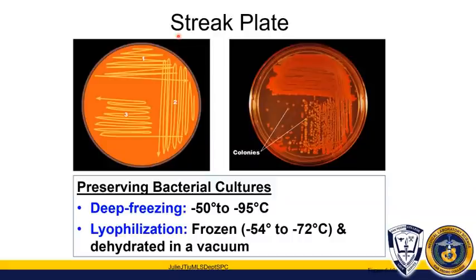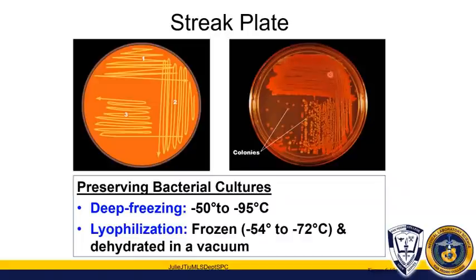So we can either use the quaternary, four times, but what you see here is just the tertiary. You have the first streak, the second streak, and the third streak, wherein in the first streak, you see mixed growth, an abundance of growth.